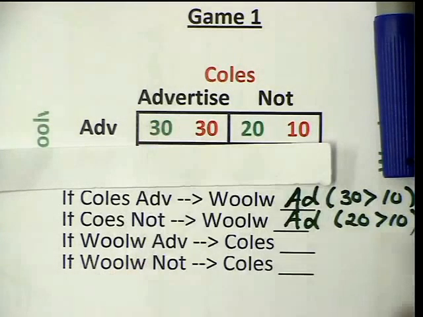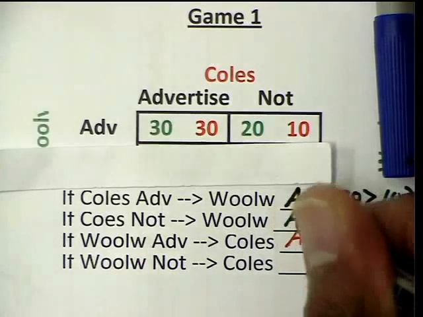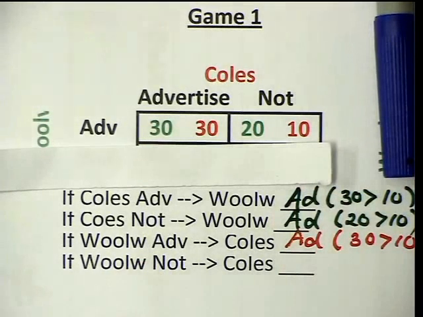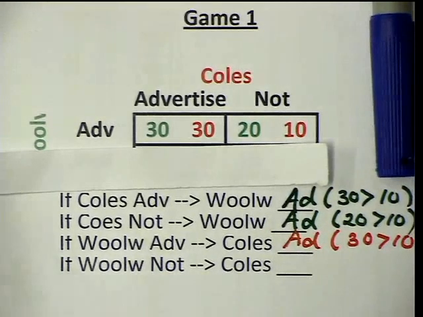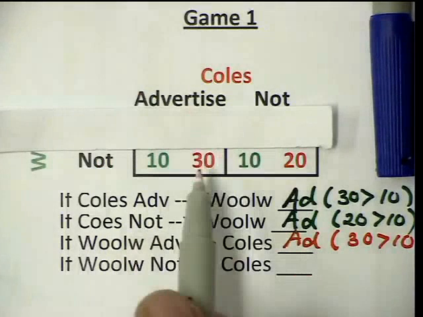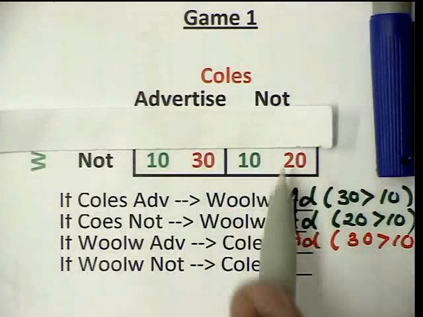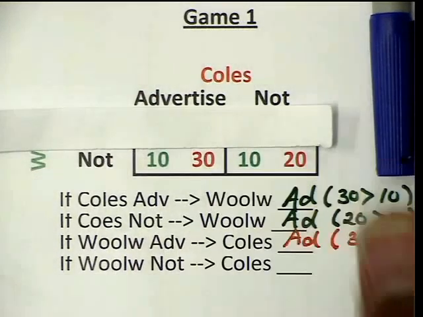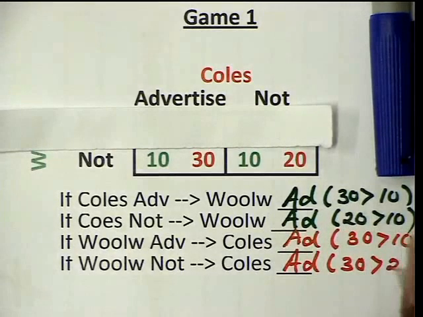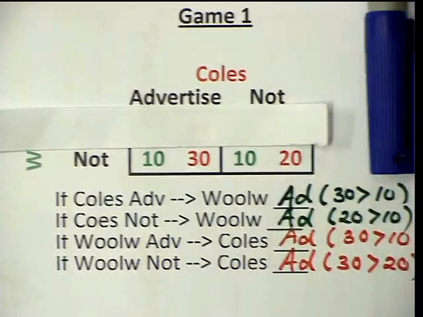So Coles will go with advertise. If Woolworths does not advertise, Coles can advertise and take 30 or not advertise and take 20. 30 is bigger. Coles will choose to advertise.